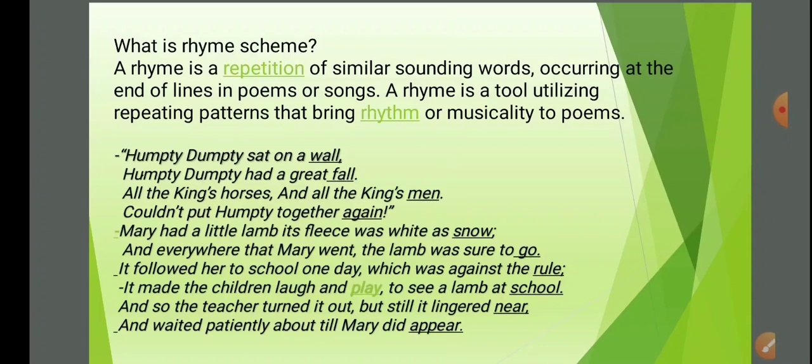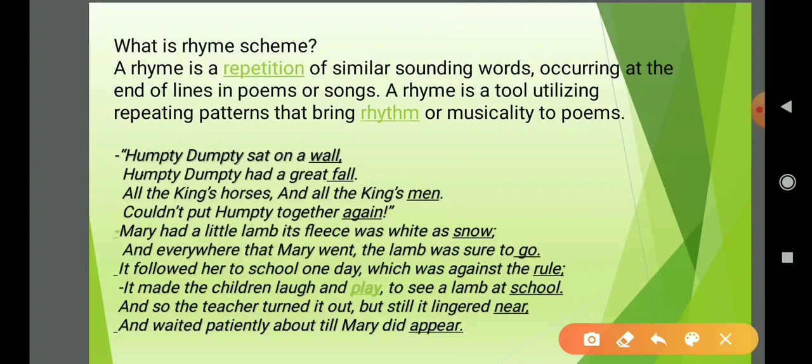You can see in the example, Humpty Dumpty sat on a wall, Humpty Dumpty had a great fall. All the king's horses and all the king's men couldn't put Humpty Dumpty together again. Now you can see in the first line, the last word is wall. In the second, again, Humpty Dumpty had a great fall.